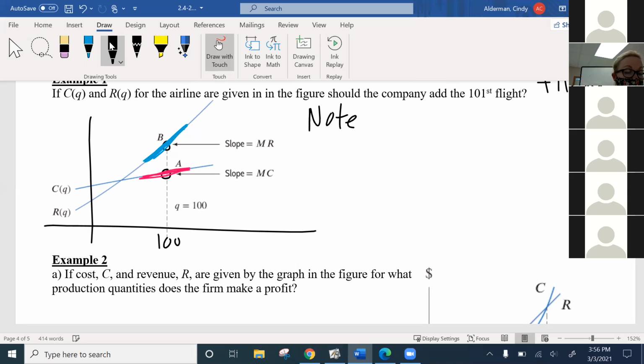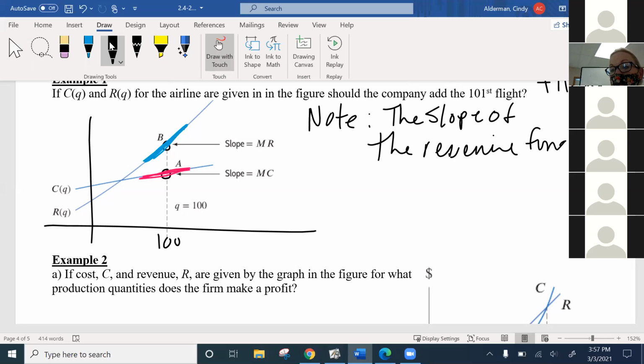Okay, so let's note the slope of the revenue function is marginal revenue. And the slope of the cost function is marginal cost.